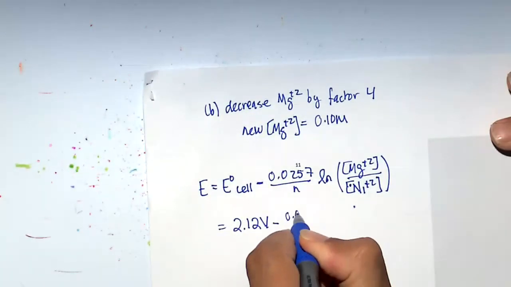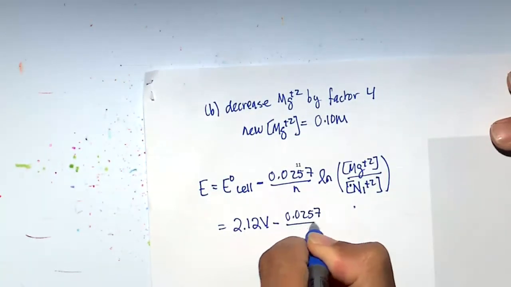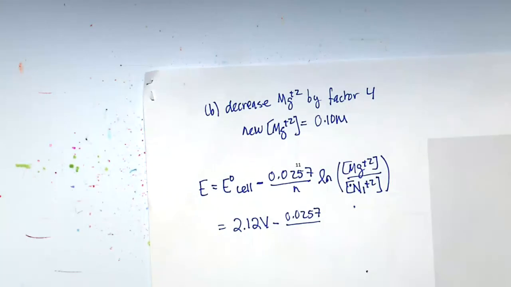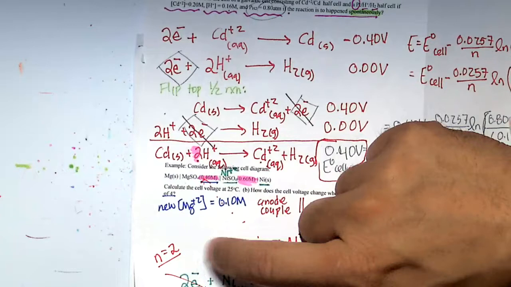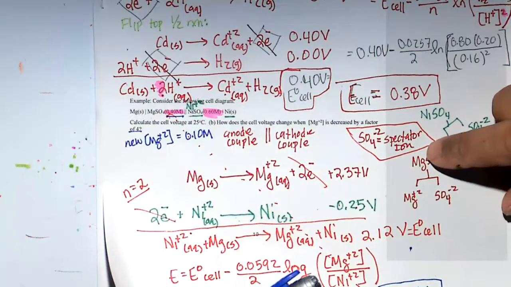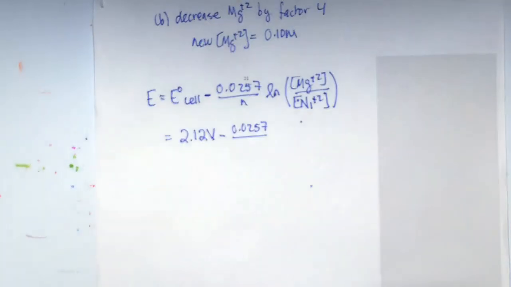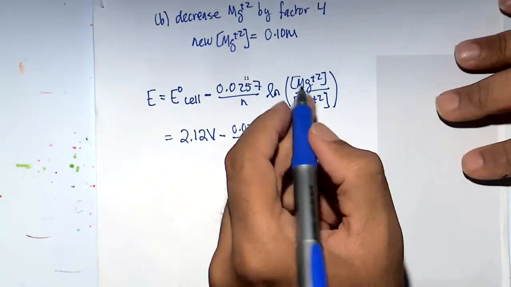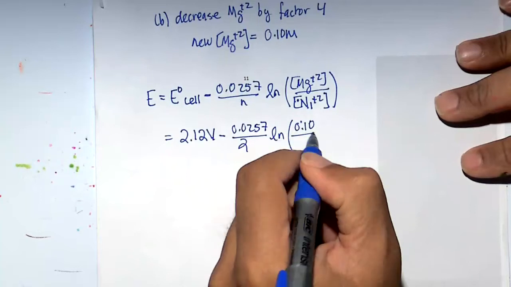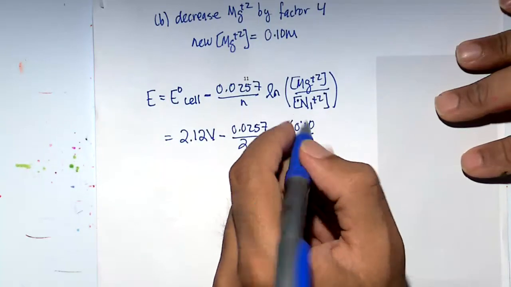Minus 0.0257. This is still a 2-electron transfer reaction. Nothing has changed. Divided by 2, natural log. What has changed is our new magnesium is 0.10 molar. The nickel has stayed the same at 0.60 molar.